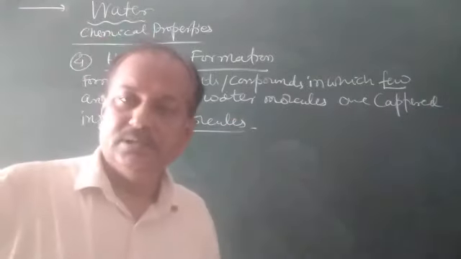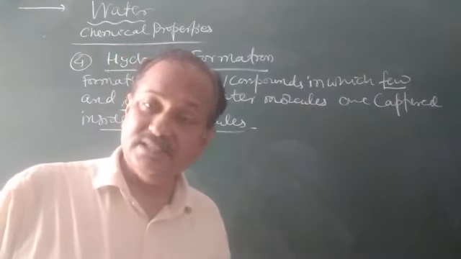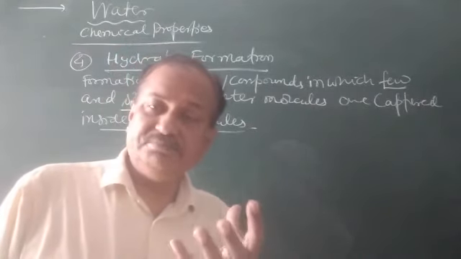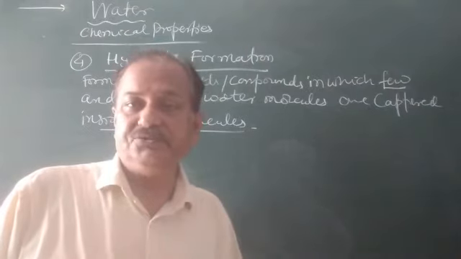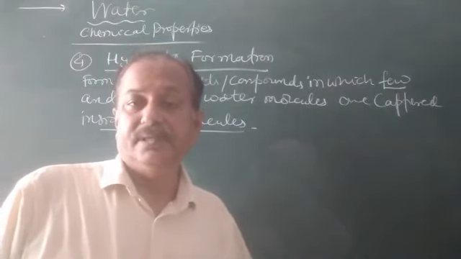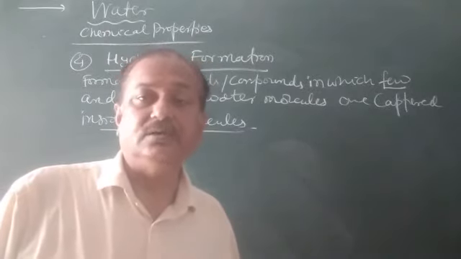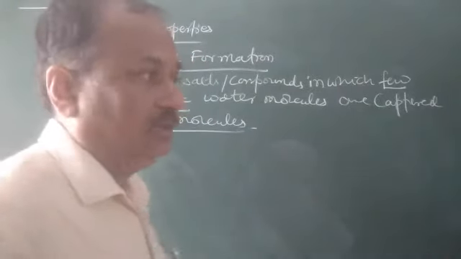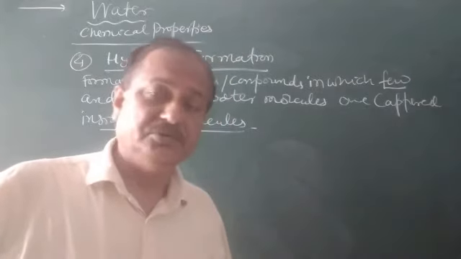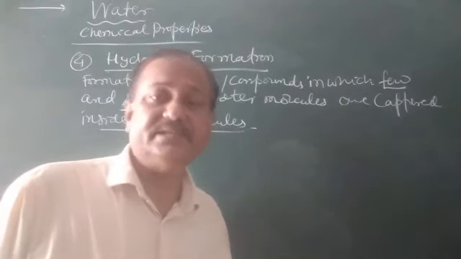You have seen water of crystallization in class 10th. So, water of crystallization is the number of water molecules which are responsible for the physical properties of some compounds. You know about potassium sulfate, you know about copper sulfate, and there are many compounds.